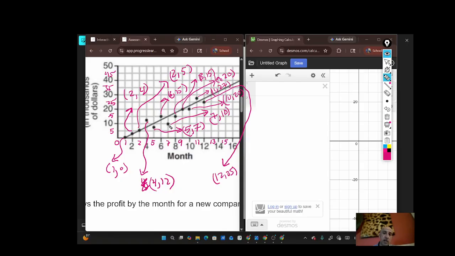And here we have 7, 10. And here is the point 8, 15. The next points are 9, 20, and 10, 20, and 11, 27, and the last point is 12, 25.